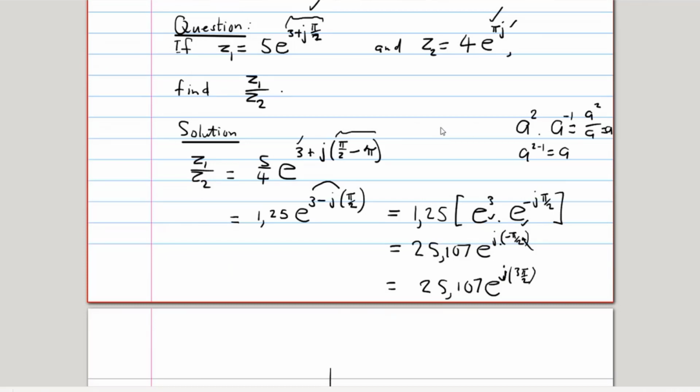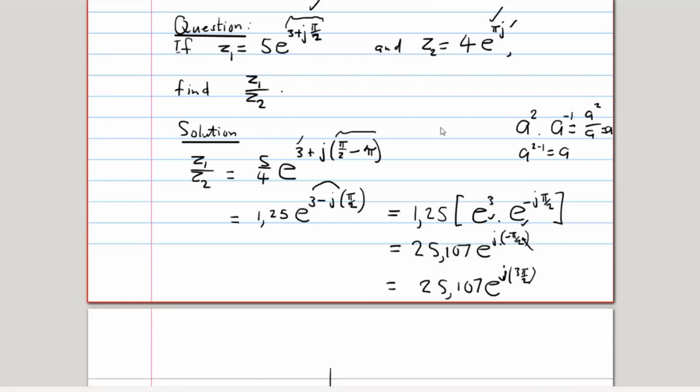So it will be the same. We'll end up with the same answer if we had converted that Z1. If we took 5 times e to the power 3 and made that our r, we would have gotten to the same answer, right?